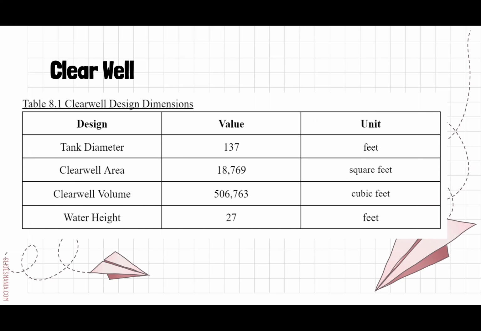Based on that, we determined that our tank diameter will be 137 feet, and our clear well area will be 18,769 square feet, and then the volume of the clear well will be 506,763 cubic feet. And based on that, we're going to have a water height of 27 feet. And then moving on to Elizabeth, who will be talking about the hydraulic profile.